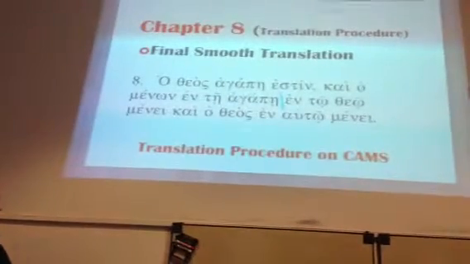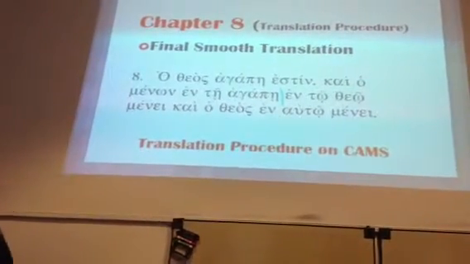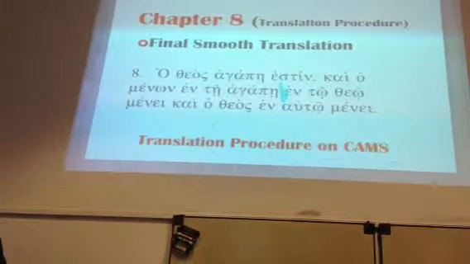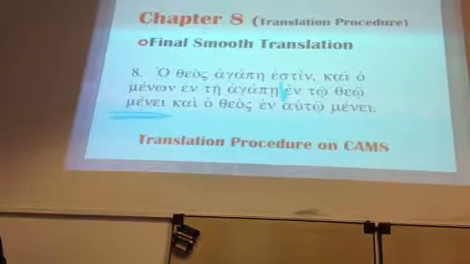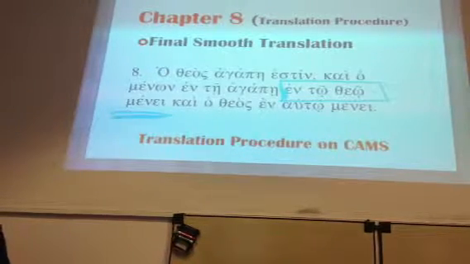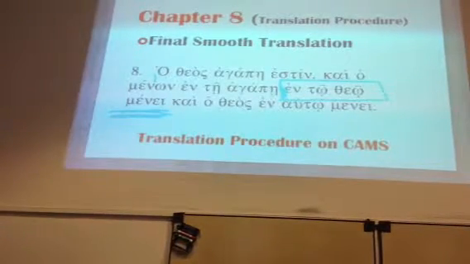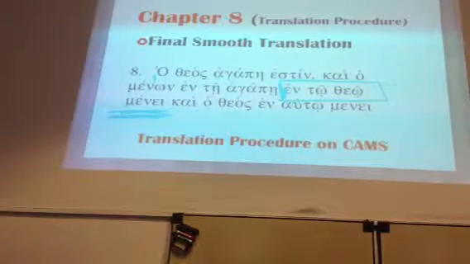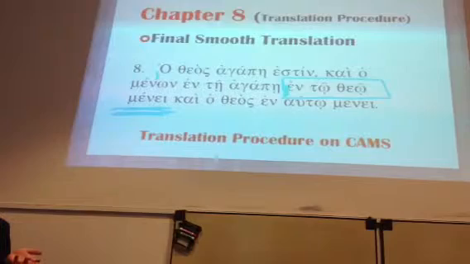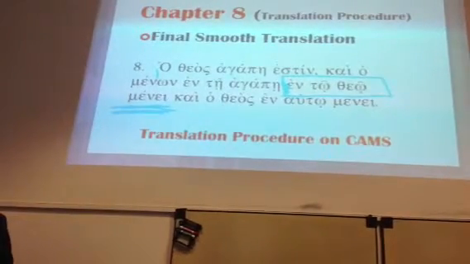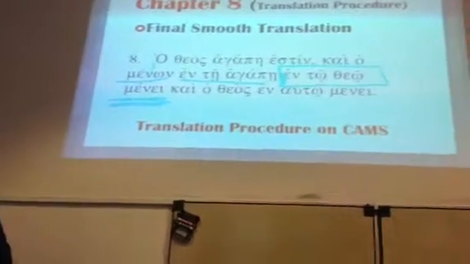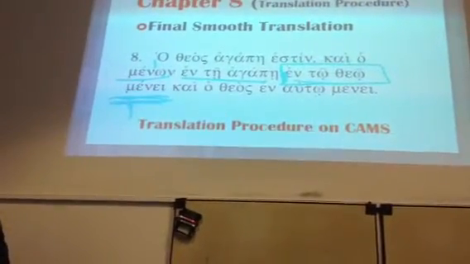So that's a little confusing, granted. But this is the one remaining in God, and then you have to deal with this verb. If you didn't know where to put this prepositional phrase, and you thought it might go over here somewhere, this verb would not have anything with it, and it needs something to modify it. That would just be he, she, it remains. To what? So, God is love, and the one remaining in love remains in God.